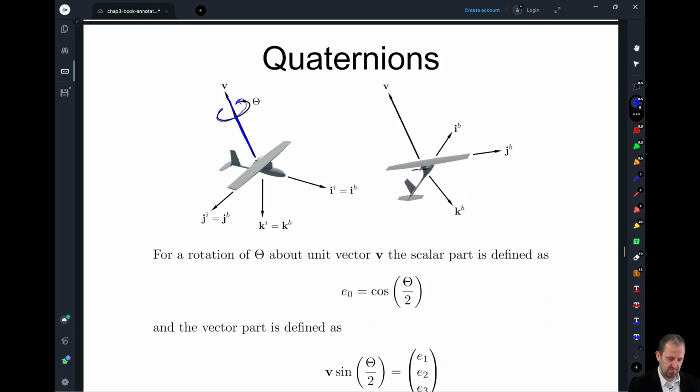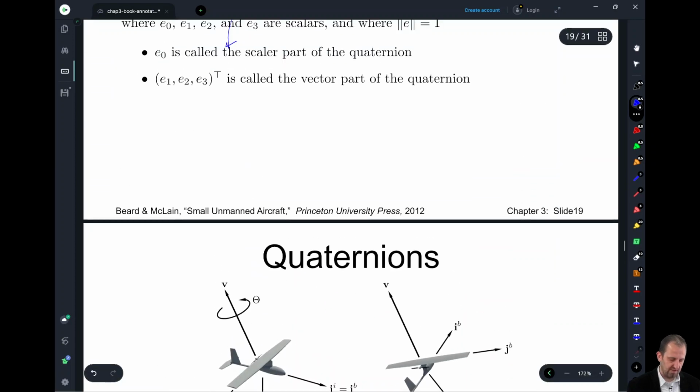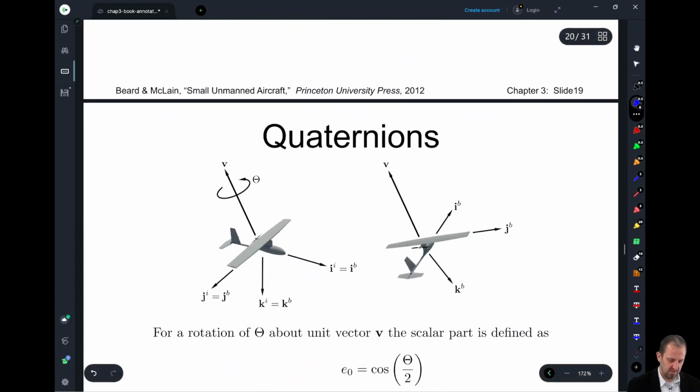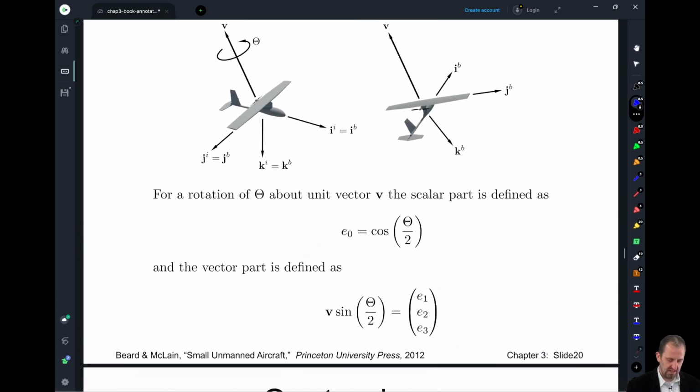For any rotation matrix, we have our rotation vector and our angle of rotation. The reason we have this nomenclature where E naught is the scalar part of the quaternion is that E naught does not depend on the vector. It solely depends on the magnitude of how much we're rotating about that axis.